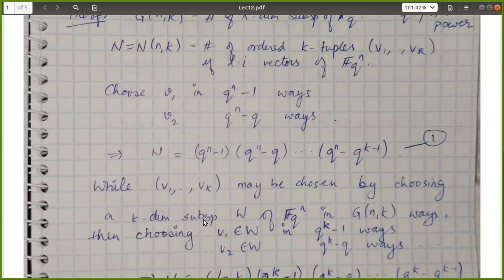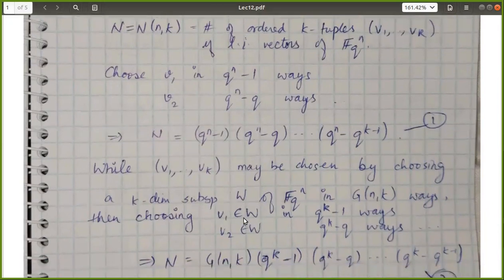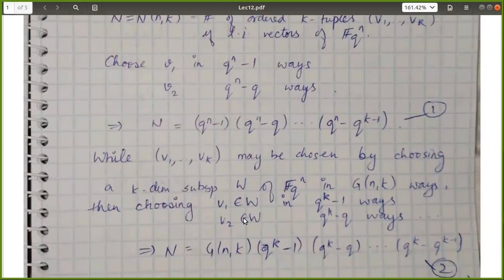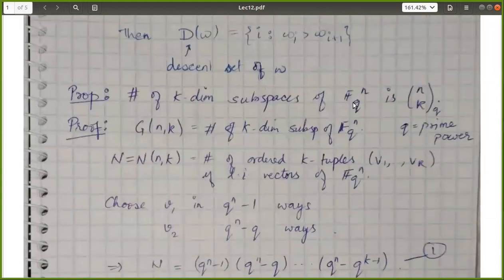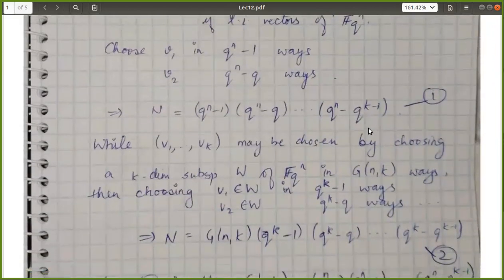So once you have taken a W in G(n,k) many ways, you will choose V1 in this W in q raised to k minus 1 many ways. Right? Because it's a total of these many vectors which are there. And now it is restricted to F_q^k, because now you have fixed your k-dimensional subspace.